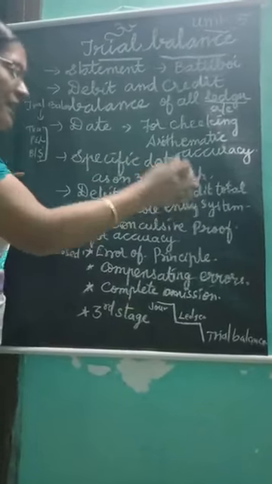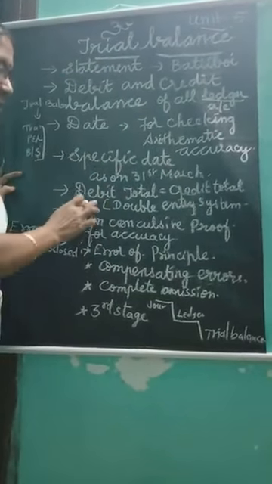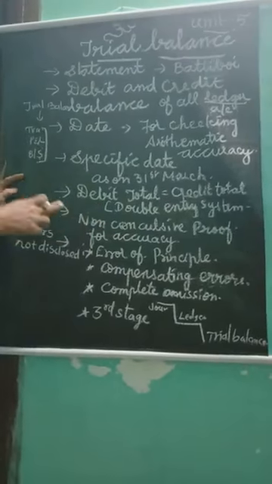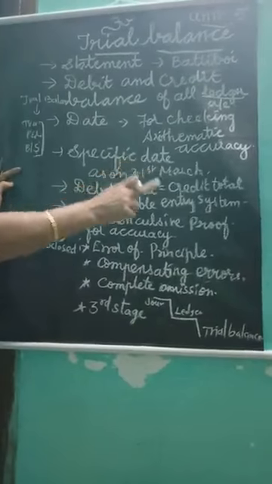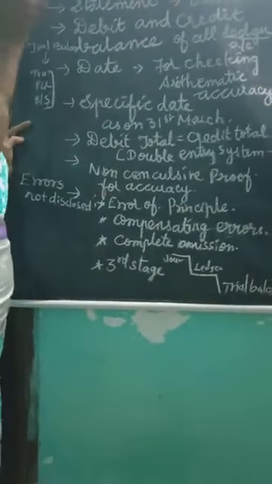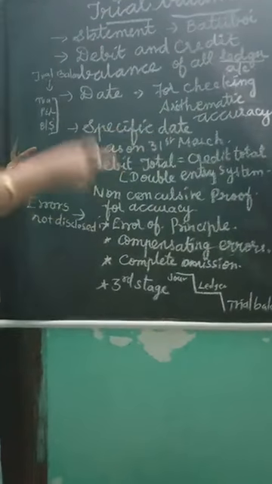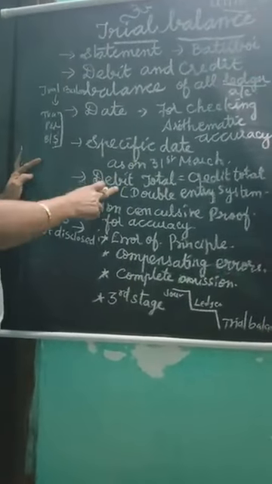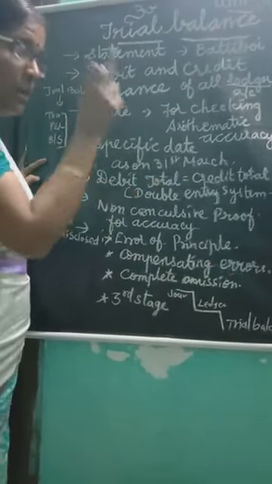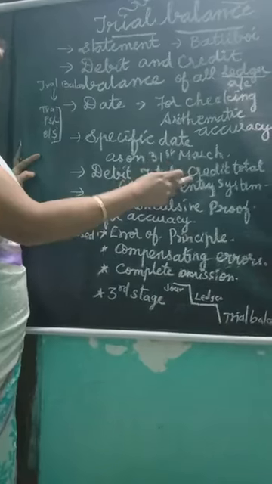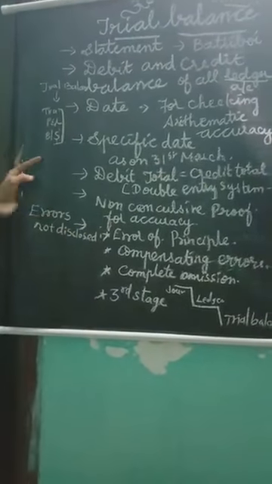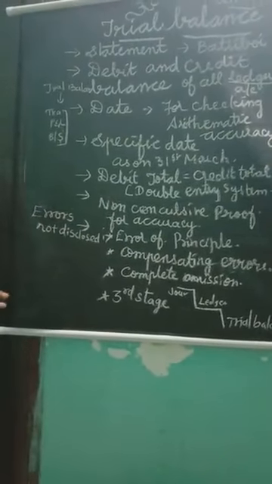Every credit has an equal and corresponding debit. In the journal entry we have written, cash account debtor 1,10,000 means capital account also has 1,10,000, isn't it? So every debit has a corresponding equal credit, and every credit has a corresponding equal debit. That is called the double entry system of bookkeeping.